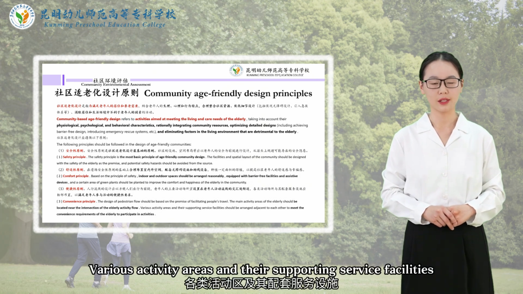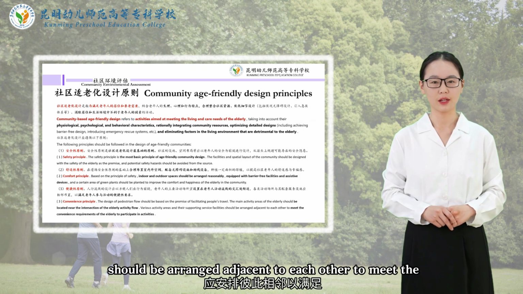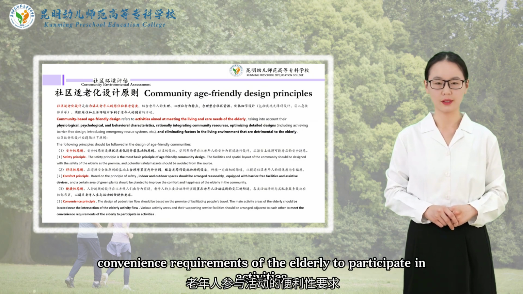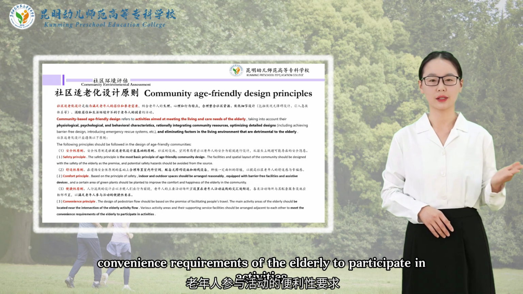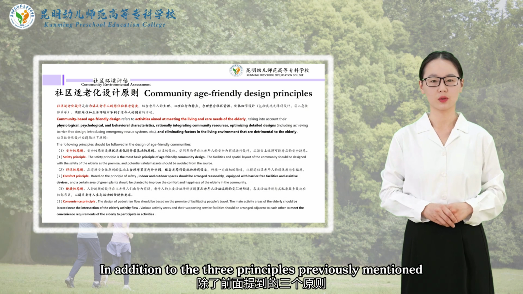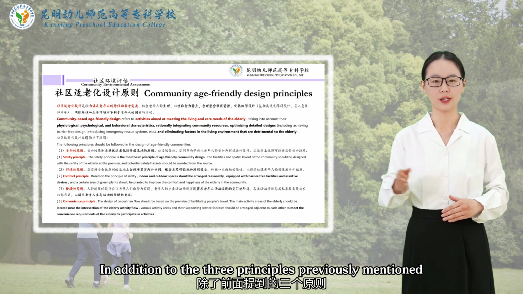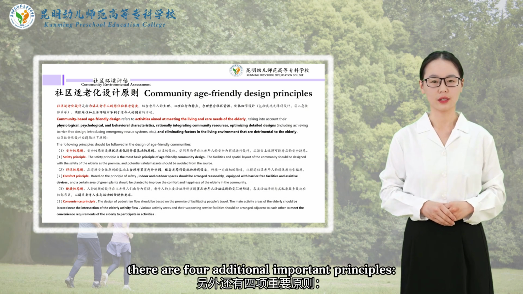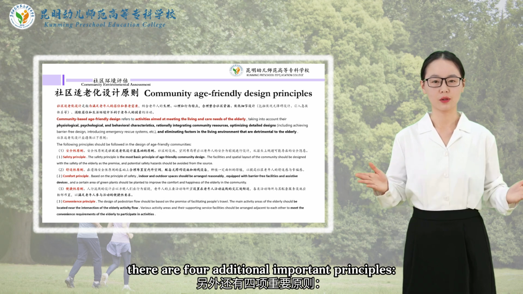Various activity areas and their supporting service facilities should be arranged adjacent to each other to meet the convenience requirements of the elderly to participate in activities. In addition to the 3 principles previously mentioned, there are 4 additional important principles.